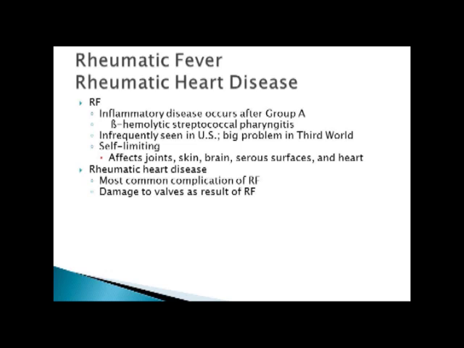It's usually self-limiting, but if a child has a strep throat that's untreated, it can become rheumatic fever. What you're going to see is that it affects the joints, the skin. It can actually become more serious and affect the brain and the heart. Rheumatic heart disease becomes a major complication of RF, and it can damage the valve.